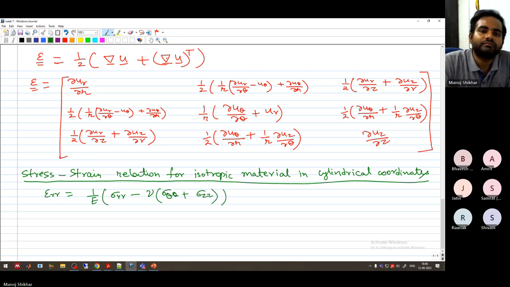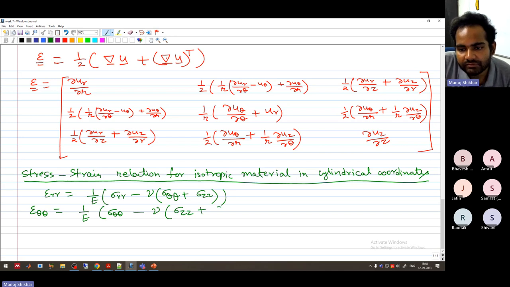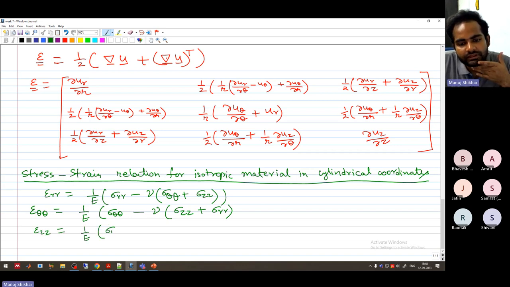Similarly, epsilon theta theta will be 1 by E sigma theta theta minus nu times sigma ZZ plus sigma RR. Epsilon ZZ will be 1 by E sigma ZZ minus nu times sigma RR plus sigma theta theta.